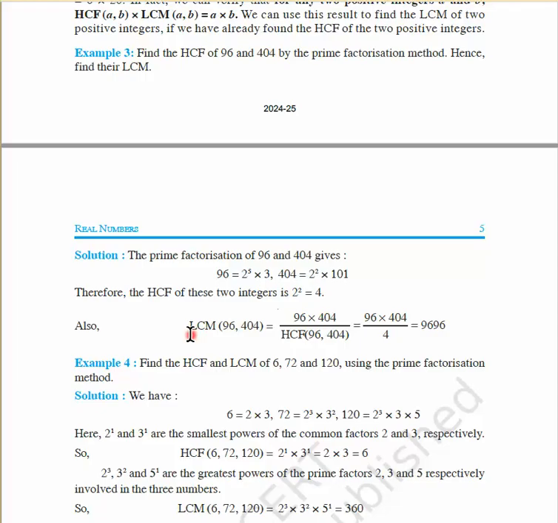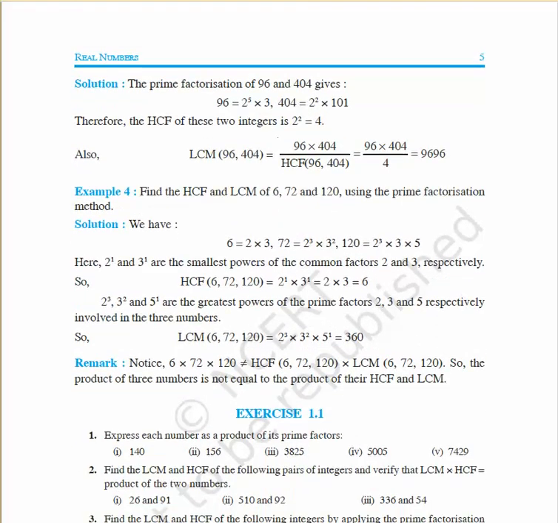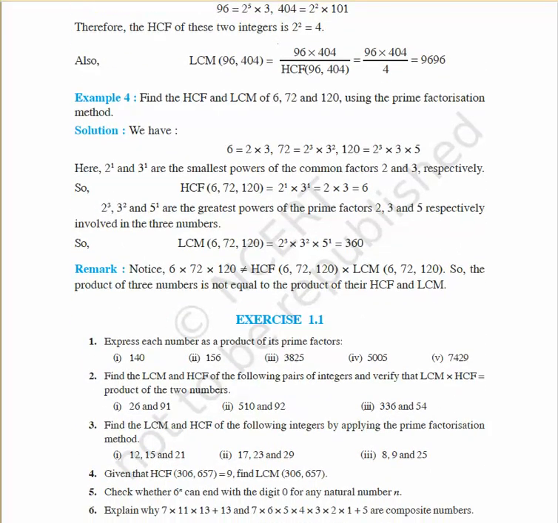Now let's find the LCM of these two numbers. LCM can also be found by this formula, which is multiplication of these two numbers divided by the highest common factor. So it becomes 9,696. Let's move on to the other example.